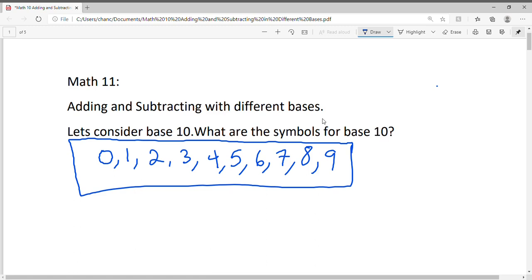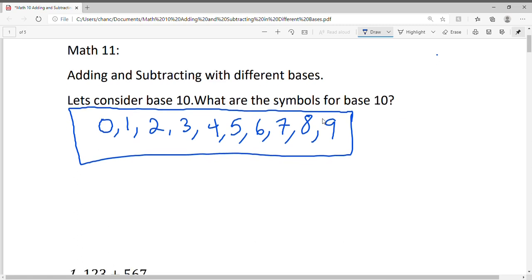When we get to a number larger than 9, we start repeating the characters. So instead of another symbol, we use a 1 and a 0. What does that represent? It represents 1 ten and 0 ones.